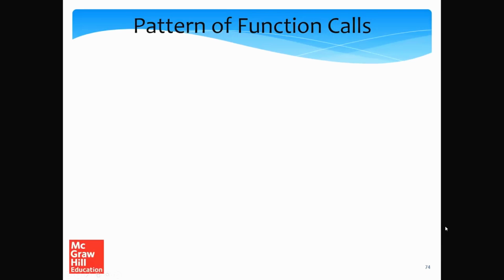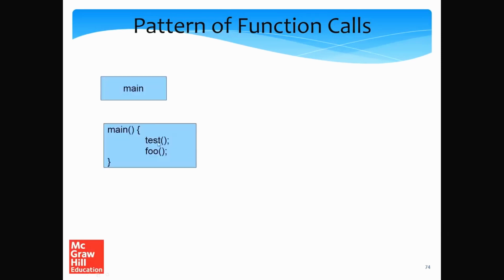Let us now try to look for a pattern of executing function calls and see if there is something that can be done to represent this information better and also create activation blocks very easily. So let's consider a main function which calls two other functions, test and foo.